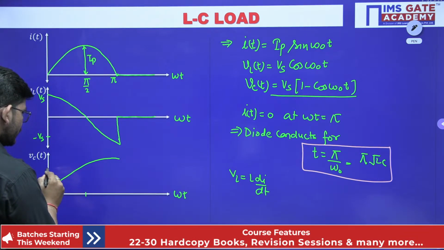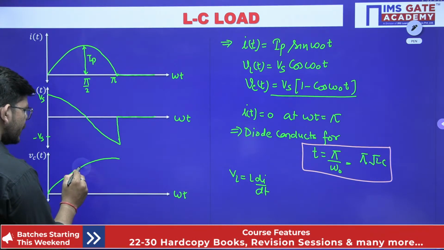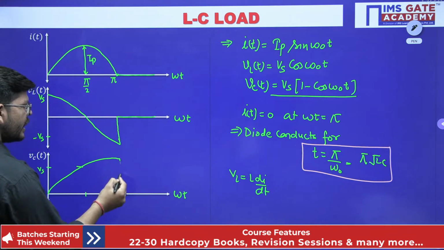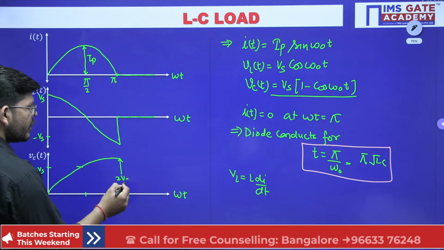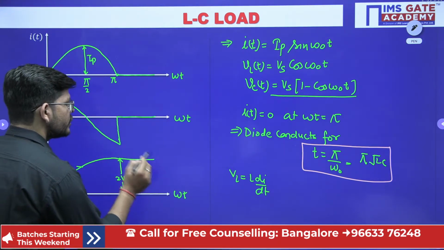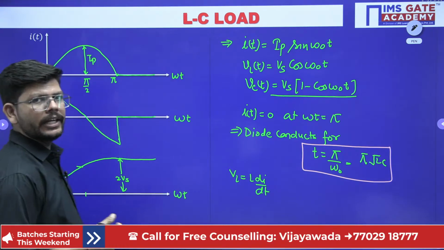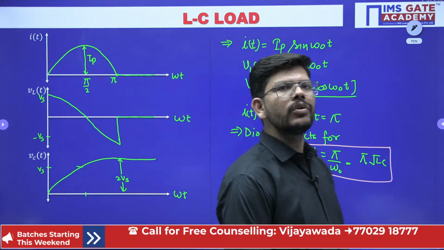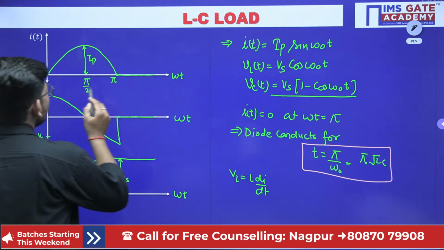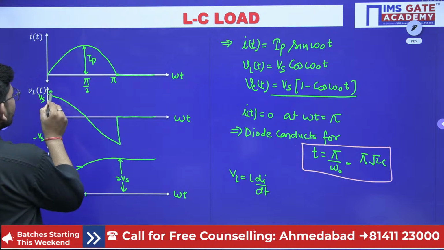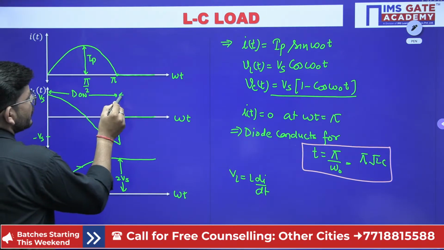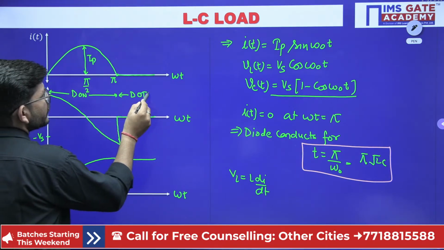At this height, the voltage will be Vs, and at this height, the voltage will be basically 2 Vs. From here onward, it will remain at this voltage 2 Vs, because right now the capacitor voltage is not changing, no current is there. This is the moment where the diode was on, and this is the moment from where the diode is off.